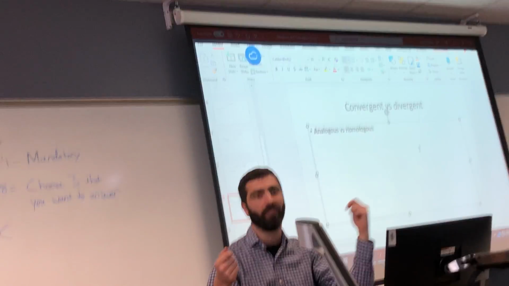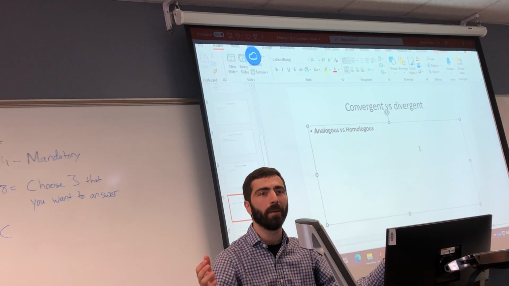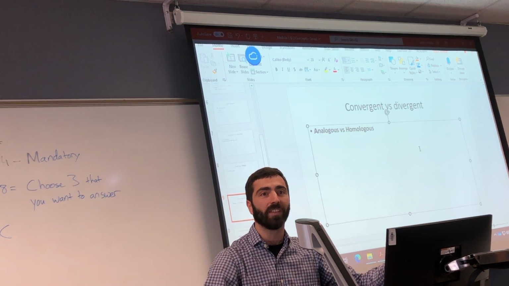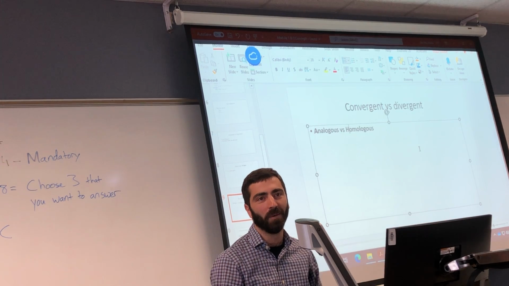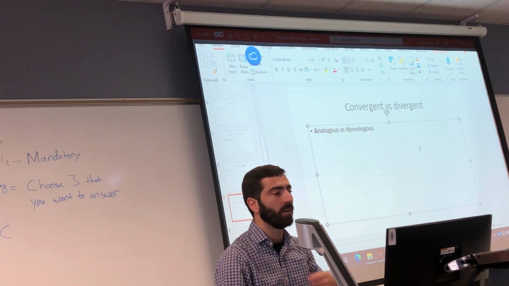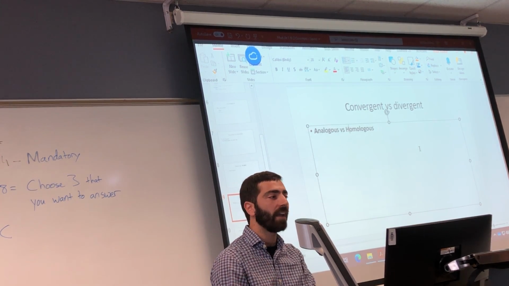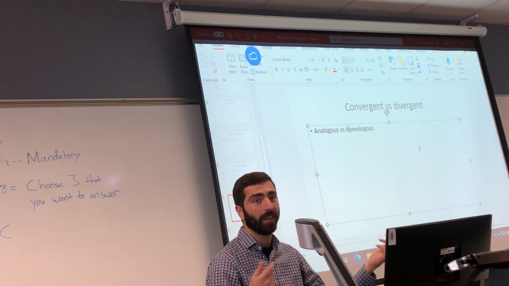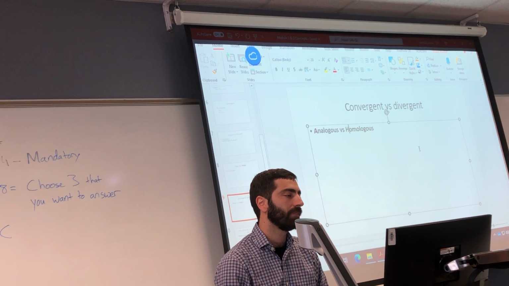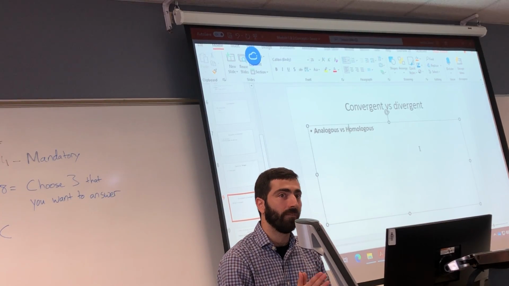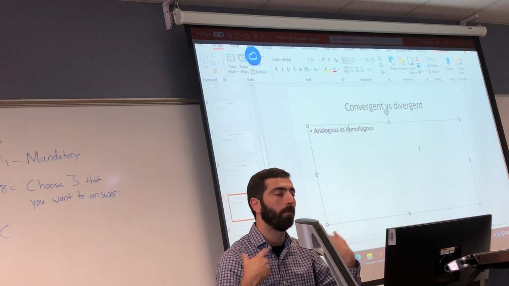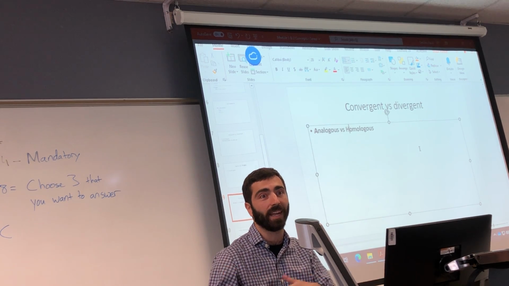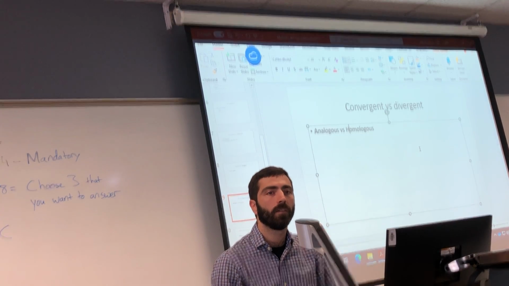So a sugar glider and a flying squirrel are not the same, but they both achieve the same thing: they can float from tree to tree. The same thing with wings, right? Dragonfly wings are not the same as bird wings, but they both fly. Homologous traits evolved from the same ancestor, but diverged in what they ended up becoming, which is why they have the same structure but different function.